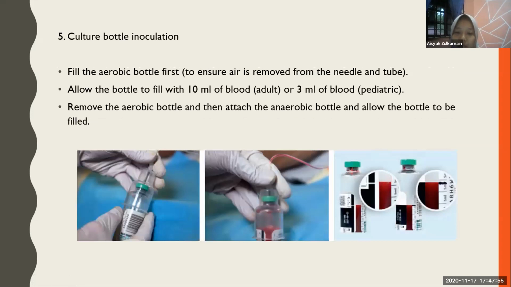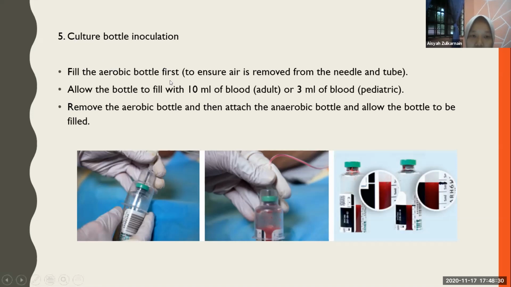So after we insert the needle, we will take the blood culture bottle, and then we will pierce the blood culture bottle septum to allow the blood to fill the bottle. So in blood culture procedure, we need to fill the aerobic bottle first.